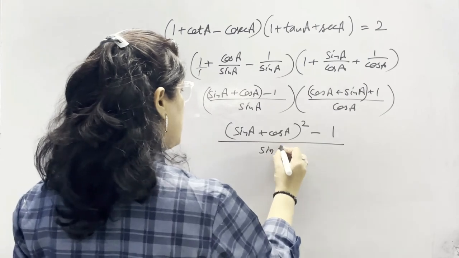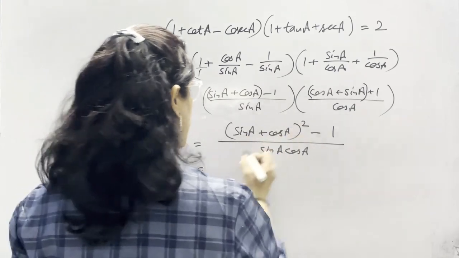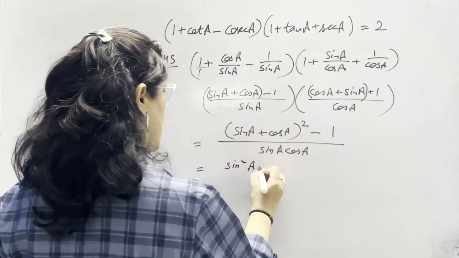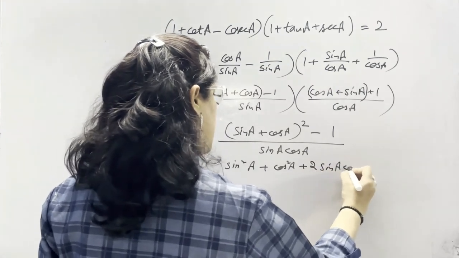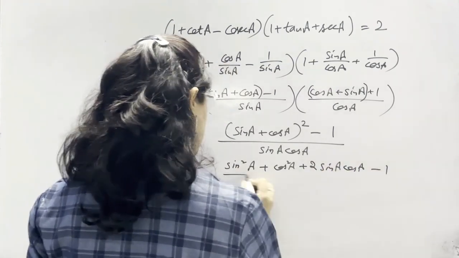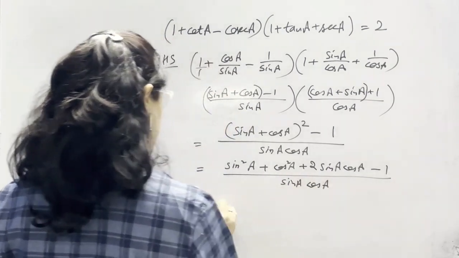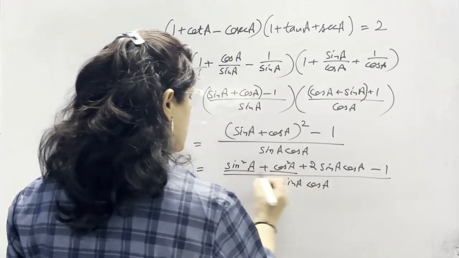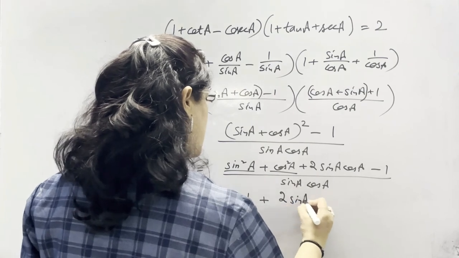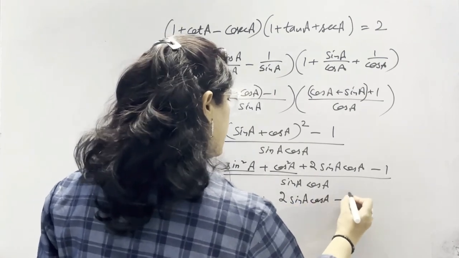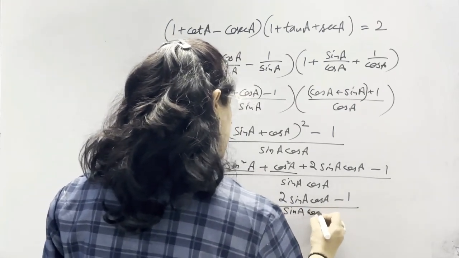So in the denominator we will have sin A multiplied by cos A. Now A plus B whole square. A square plus B square plus 2 AB, then minus 1 upon sin A cos A. Now sin square A plus cos square A is equal to 1 plus this 2 sin A cos A, and then minus 1 upon denominator as it is.